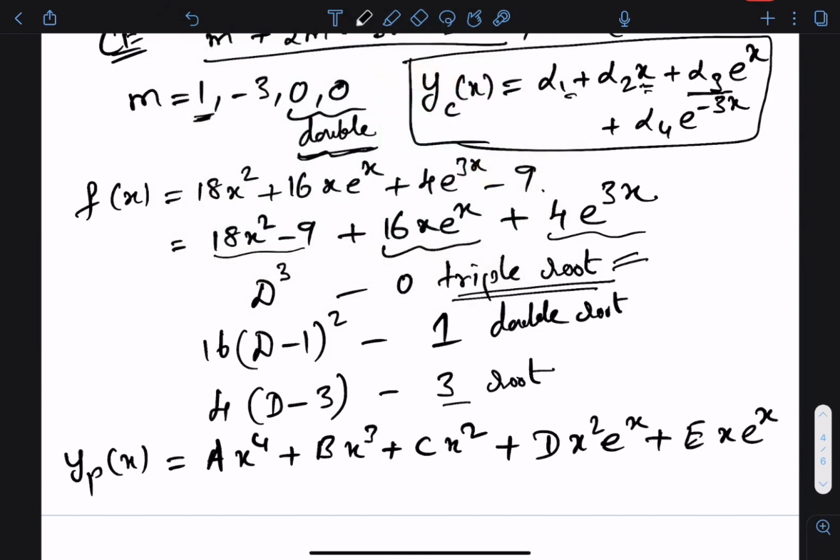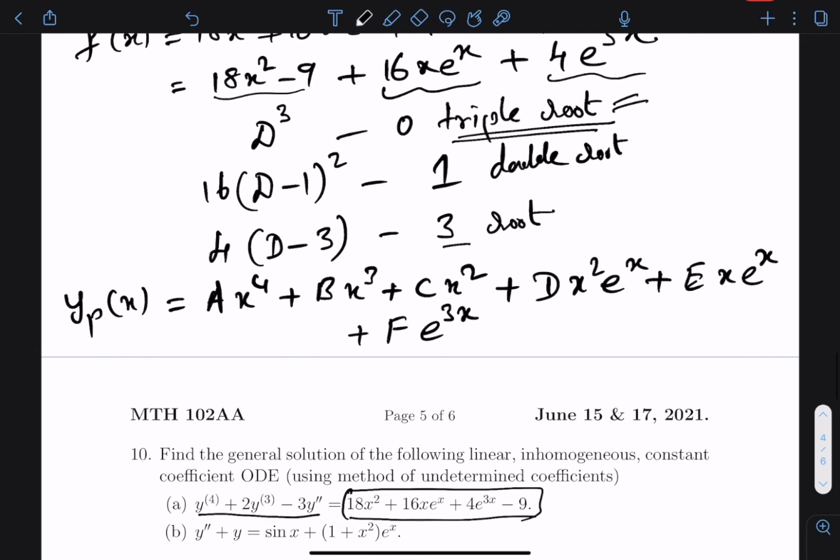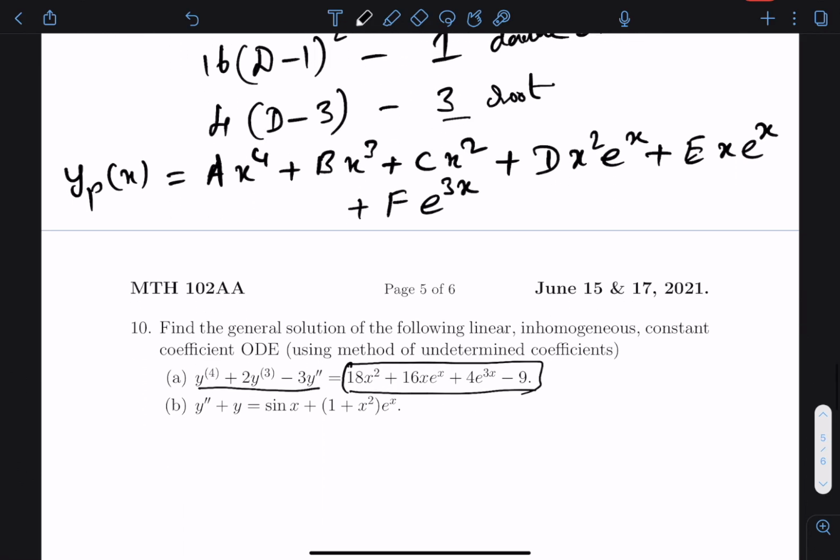This is not repeating because the root here is minus 3, so you can take 3 directly, so it's f times e power 3x. Okay, so this is the yp.